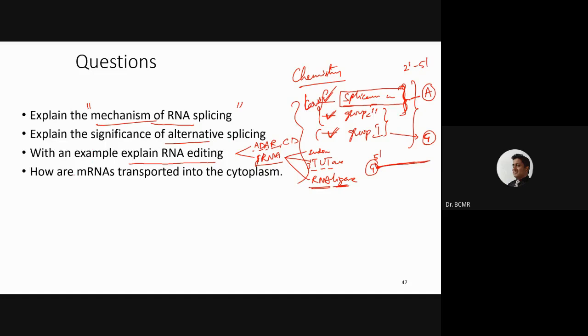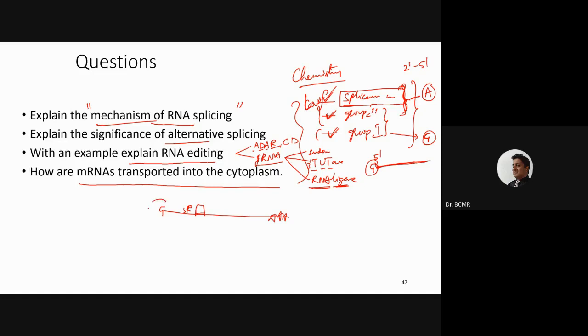And in mRNA transportation, we just finished that. It's mostly about whether the 5' cap is present or not in the RNA, whether SR-rich proteins are coating it or not, whether exon-exon junction binding proteins are present or not, and also the poly-A tail.